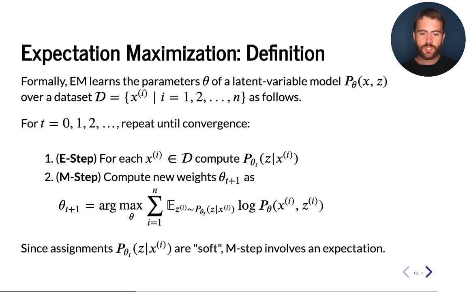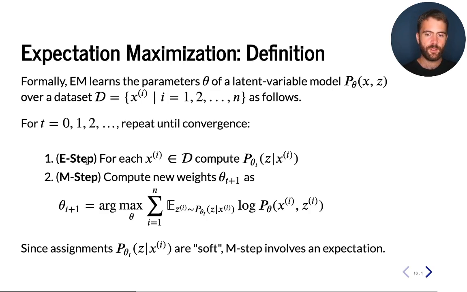So this is the intuition, and let's now define this algorithm a little bit more precisely. This is the complete full formal definition of this algorithm. This algorithm, expectation maximization, or EM for short, learns the parameter theta of a latent variable model over an unsupervised data set, and it performs the following procedure until convergence.